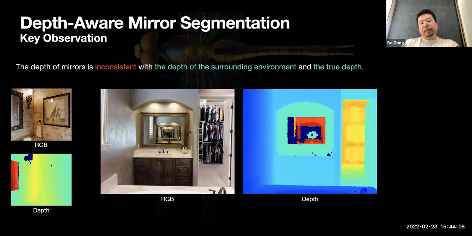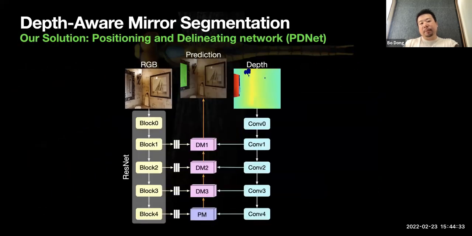So we leverage these discontinuity cues, and also the depth variations can be correlated. We can leverage this inside the mirror and outside the mirror, because outside the mirror the depth is most likely more stable, right? But inside the mirror sometimes it's not that uniform. That's why we can leverage this observation for mirror segmentation.